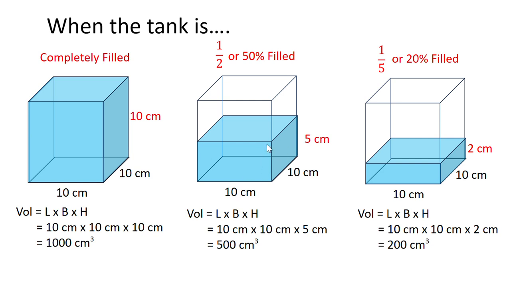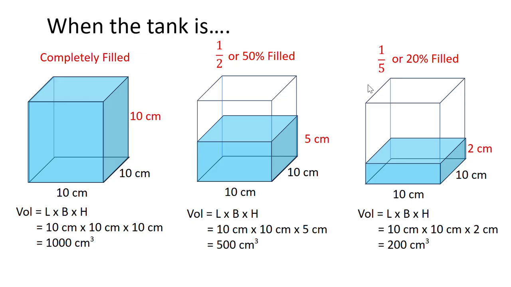So the volume of water in this tank now is 10 times 10 times 5, because the volume of water depends on the height of the water here. So it's only 500 centimeter cube, which is half filled, which is correct, because when it's completely filled it's 1000, when it's half filled it's 500.